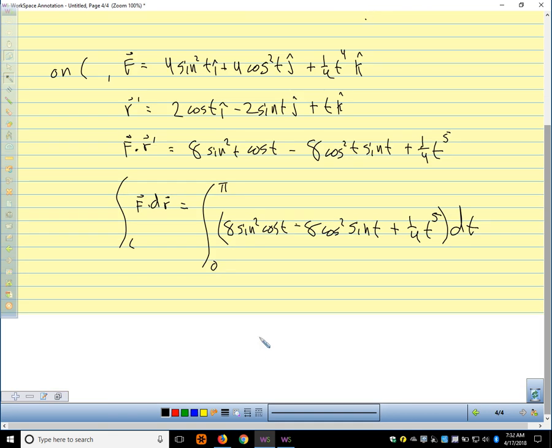Not a difficult integral to evaluate. And this gives us pi to the 6th over 24 minus 16 thirds.